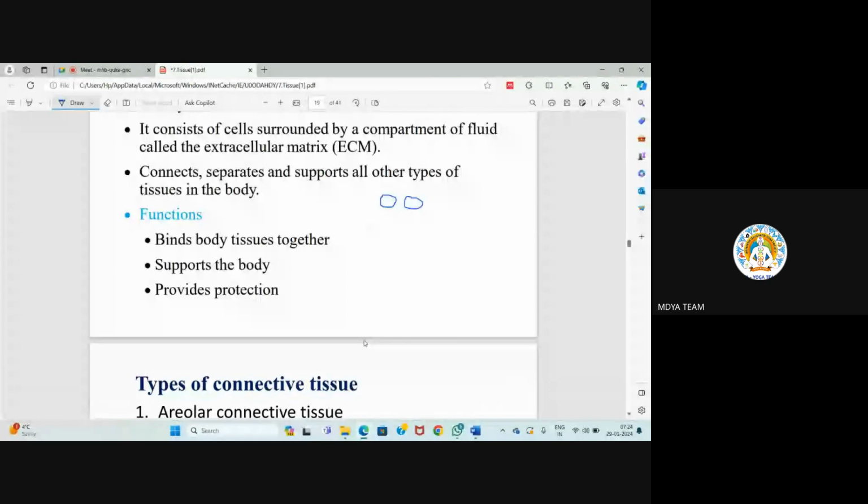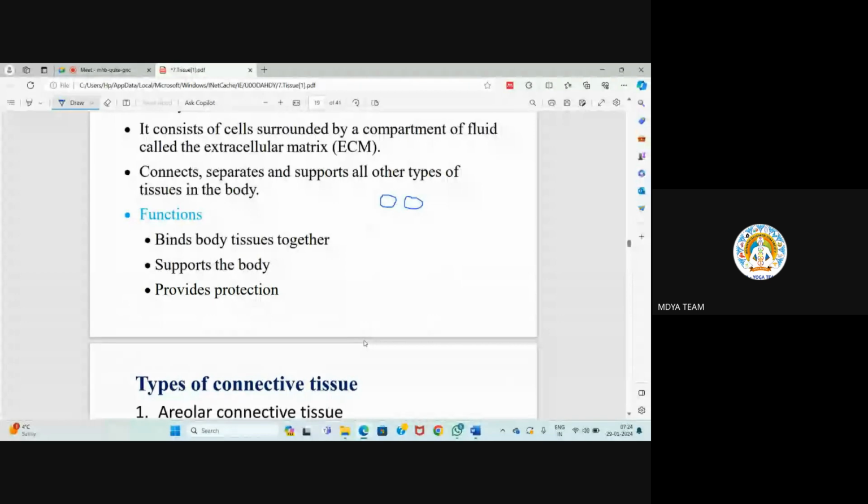How are they protecting? Imagine that while doing an asana, or in any case, your knee is getting so much force that it could be broken, but it is protected. The ligaments are protecting you.